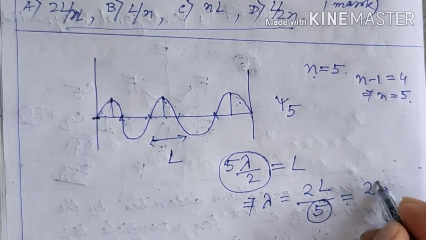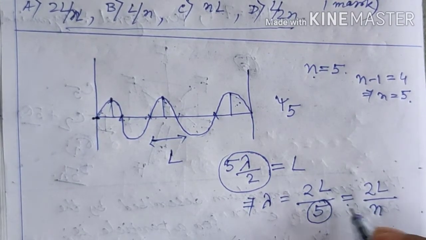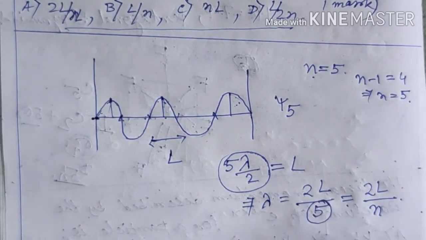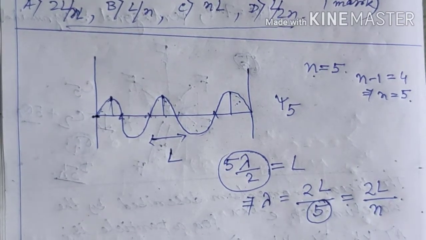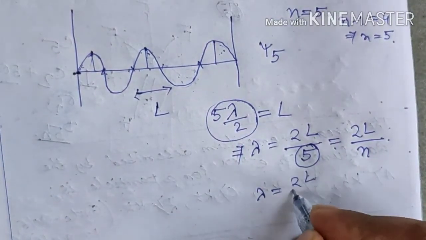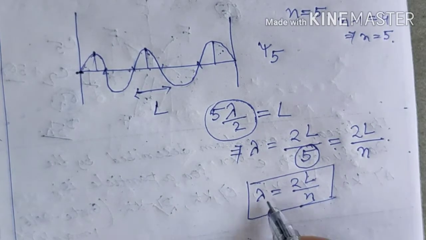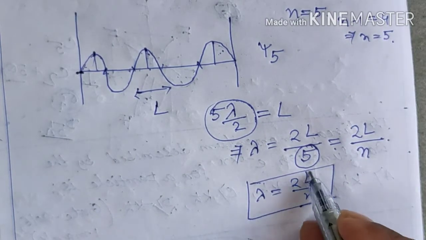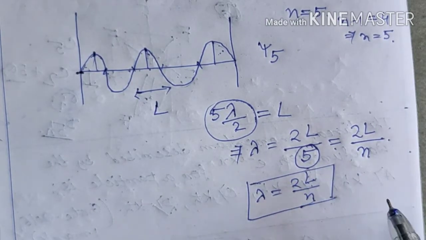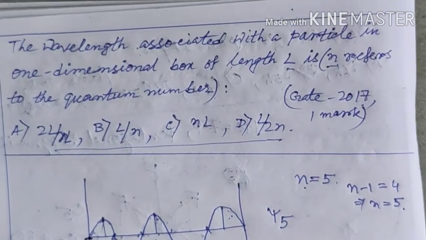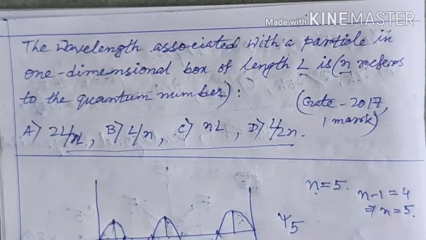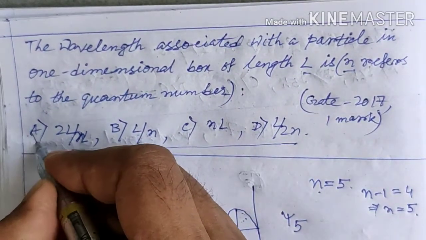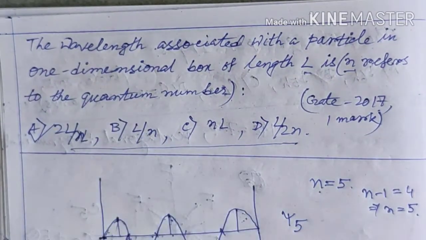So we can put n in place of 5, that is we can see that lambda is equal to 2L by n. This is the relation between lambda and L for a wavelength associated with a particle in a one-dimensional box of length L. That is, the relation is lambda is equal to 2L by n.